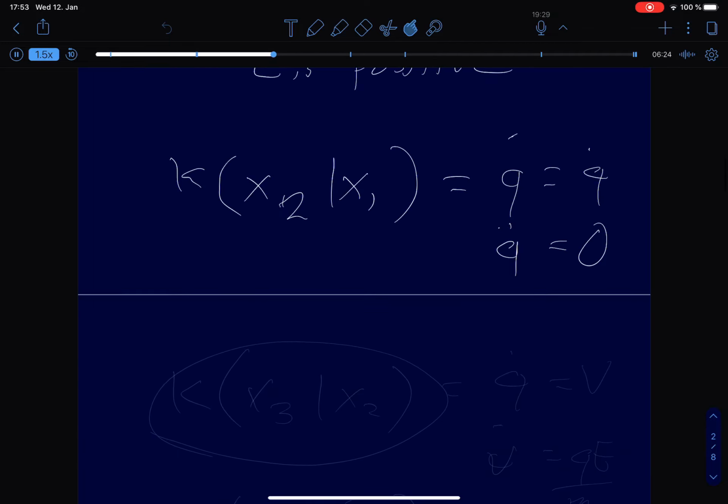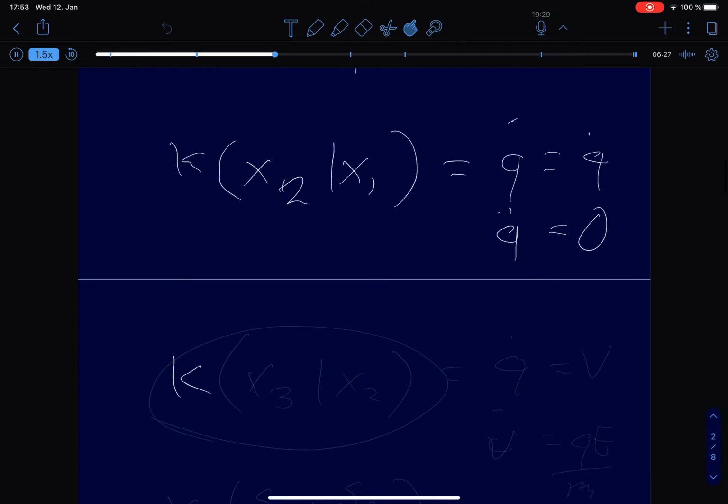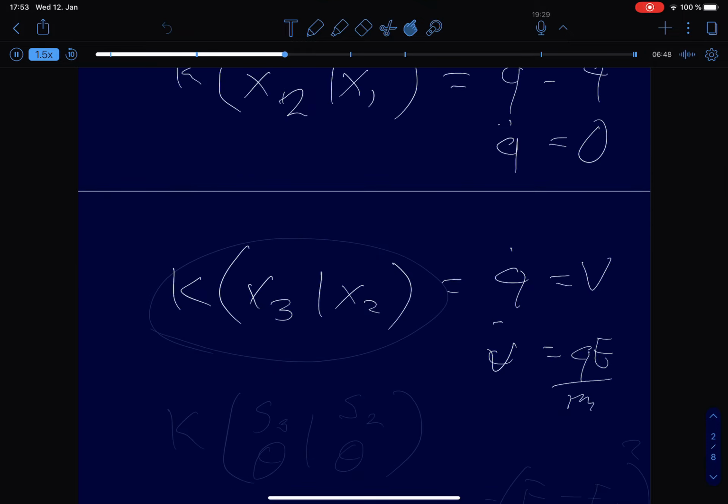But then the propagator for x3 given x2, right now we're inside the electric field. So q dot equals v, and v dot equals qE over m. So now, based on how we see the acceleration change, we actually get information about E, right?